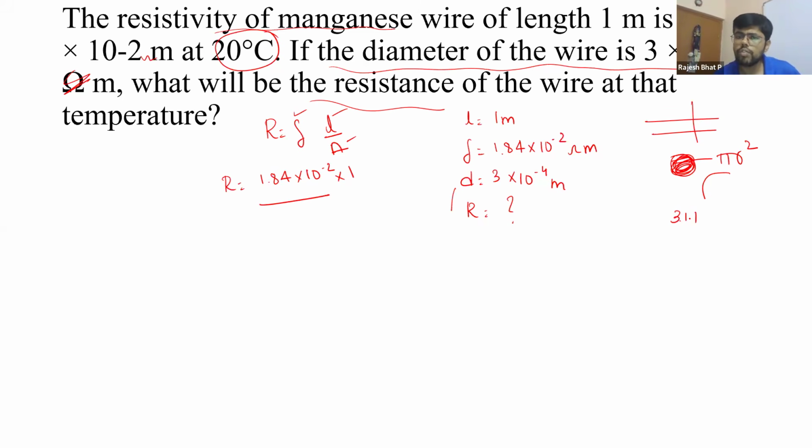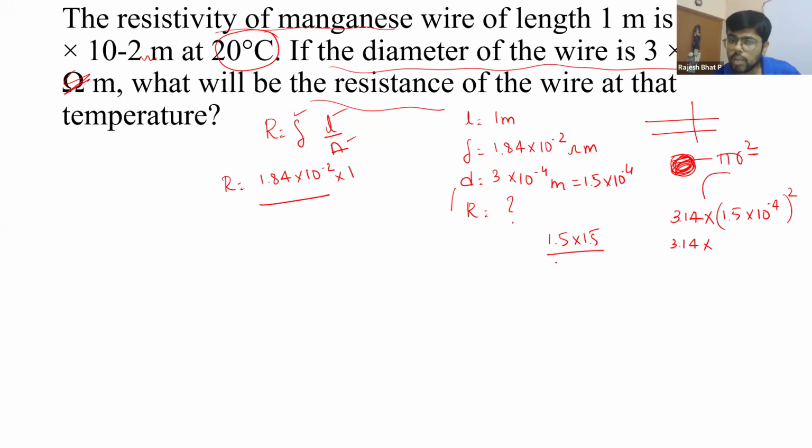You can use 3.14. What is radius? Diameter is given. So radius means just half of this, which is 1.5 into 10 power minus 4. So now 1.5 into 10 power minus 4 whole square. Remember, whole square. So 3.14 into 1.5 square. Many of them make mistakes here. 1.5 into 1.5.